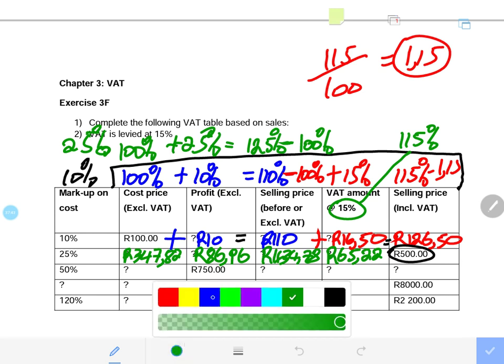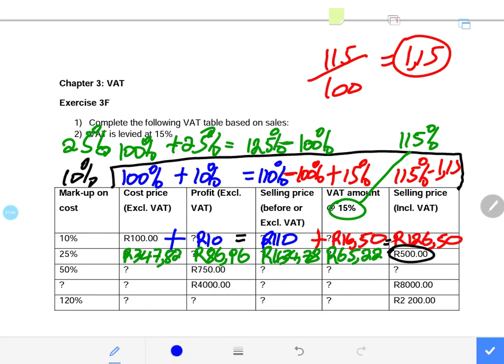We can get to here, and then from here we can get to there. So let us deal with the next cells first. We need to say, what is the percentage of what we have?